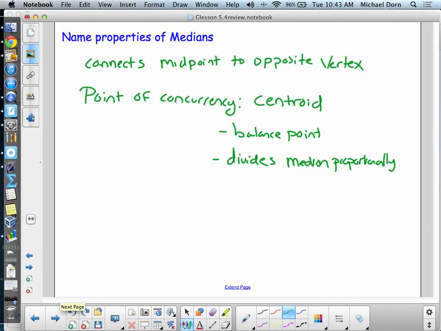So, triangle, median, call that the centroid. That means for every unit of x here, there's 2x here. That's what centroids do.